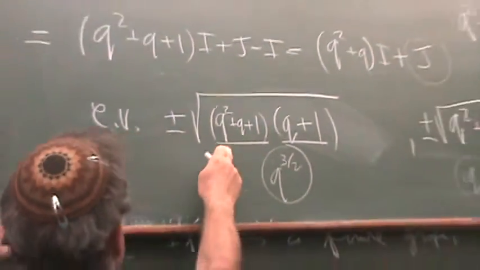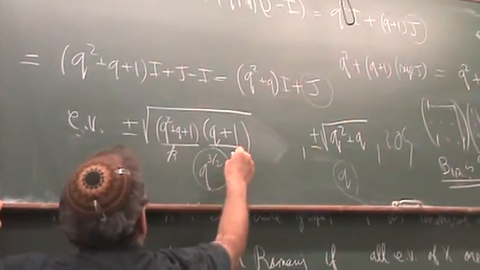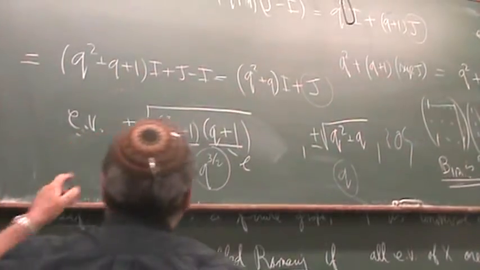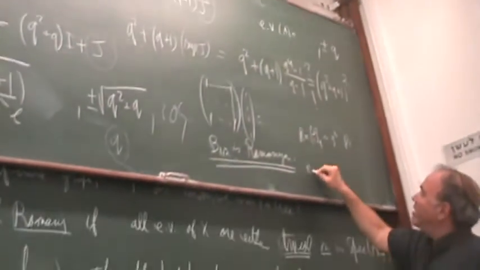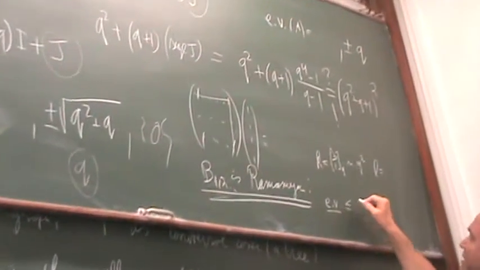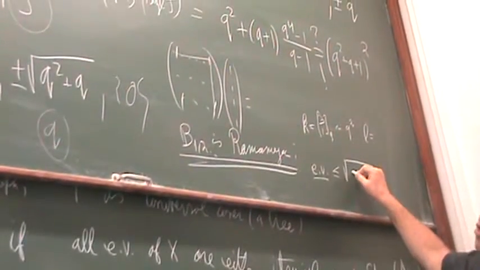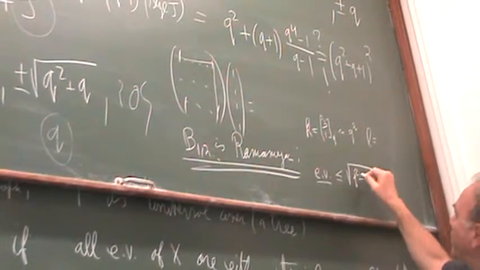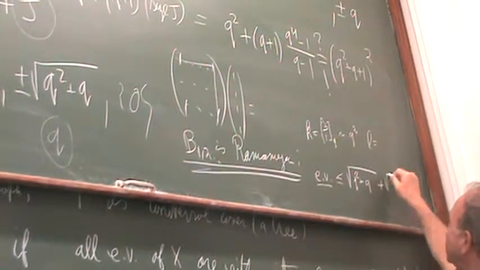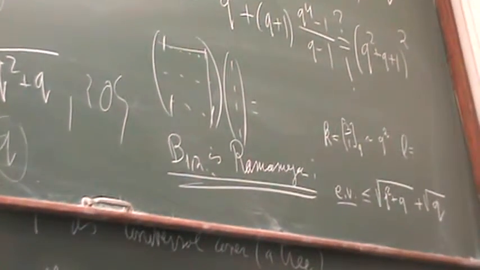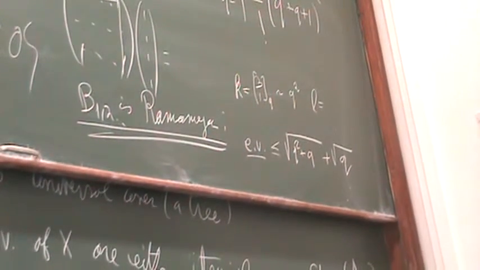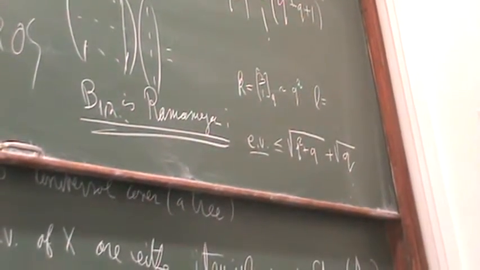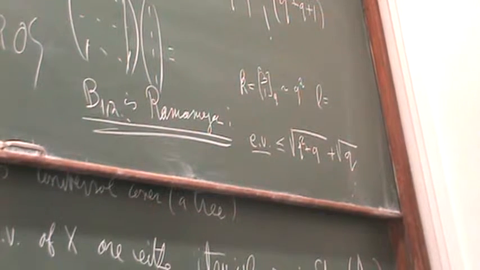What we need is that the eigenvalues are less than square root of Q squared plus Q plus square root of Q, in order to check if B12 is Ramanujan or not.